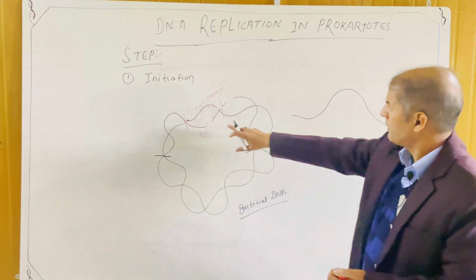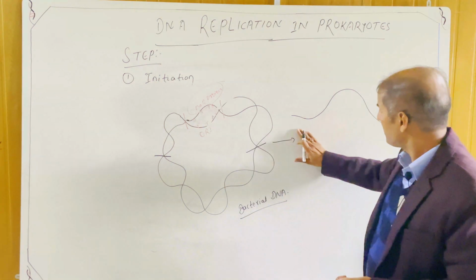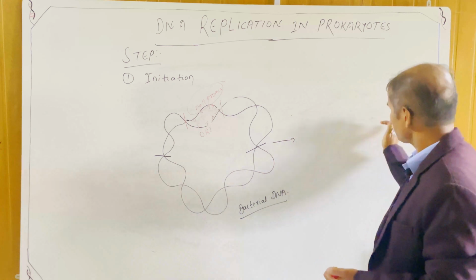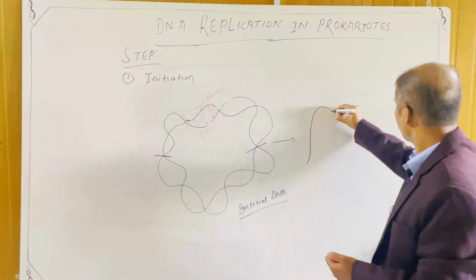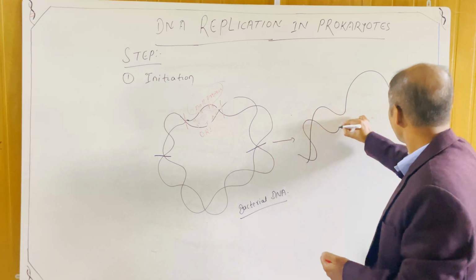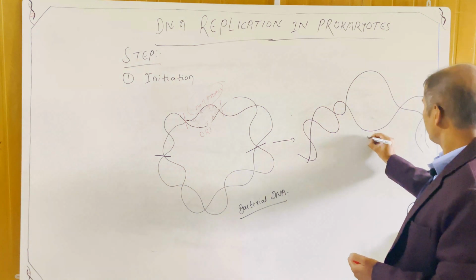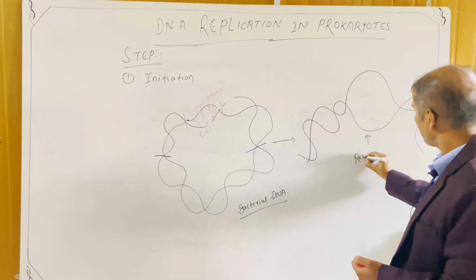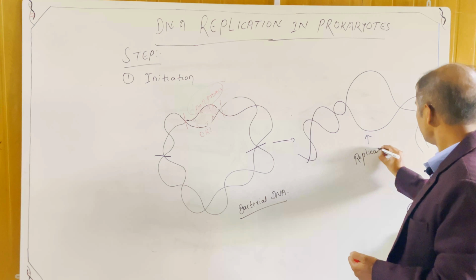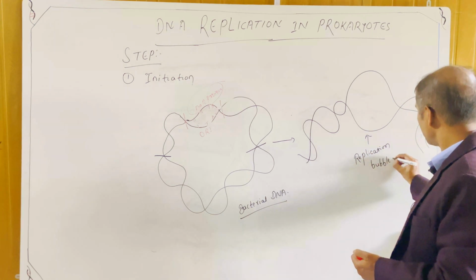Suppose after the breakdown of hydrogen bonds, this part expands like this. This is called replication bubble. Since it is a slightly expanded part, it is a bubble-like structure.